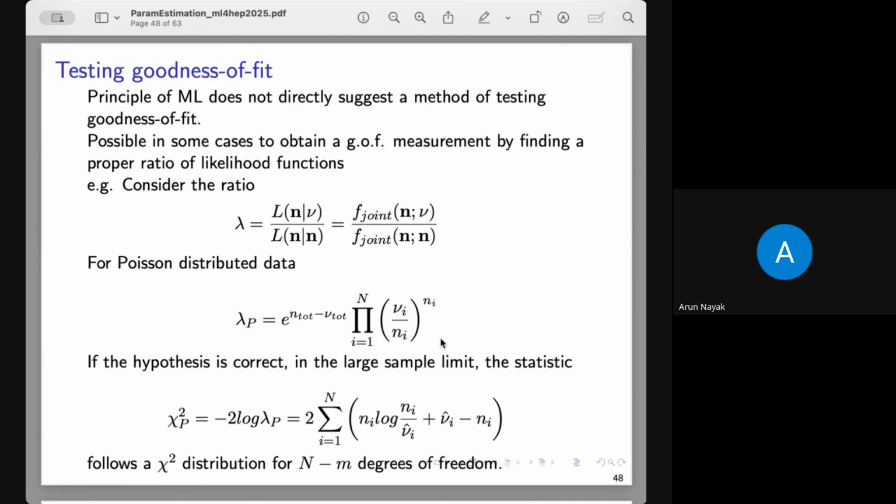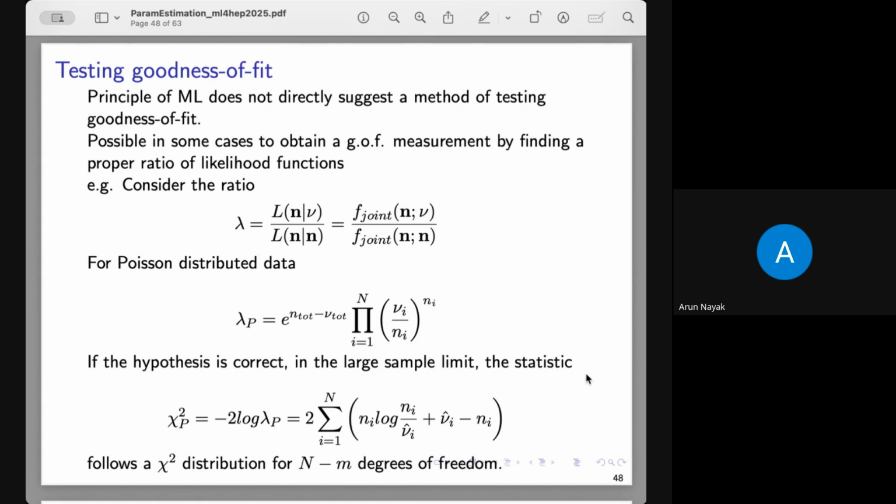If the hypothesis or the PDF that you consider is correct, then in the large sample limit, this statistic lambda_p, if you take minus 2 log lambda_p, behaves like a chi-square distribution with n minus m degrees of freedom, where m is the number of parameters and n is the number of bins. Sorry, not events, number of bins.